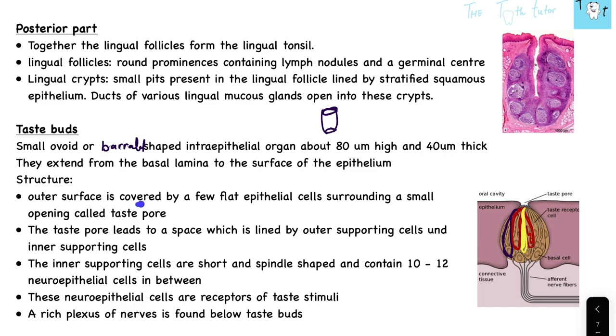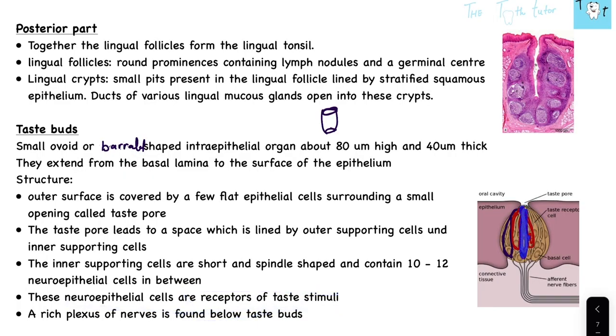So on the outer surface we had these epithelial cells and the taste pore. The taste pore leads to a space lined by the outer supporting cells and the inner supporting cells. The inner supporting cells are short and spindle shaped. They contain 10 to 12 neuroepithelial cells in between them. These neuroepithelial cells are the receptors of taste stimuli.